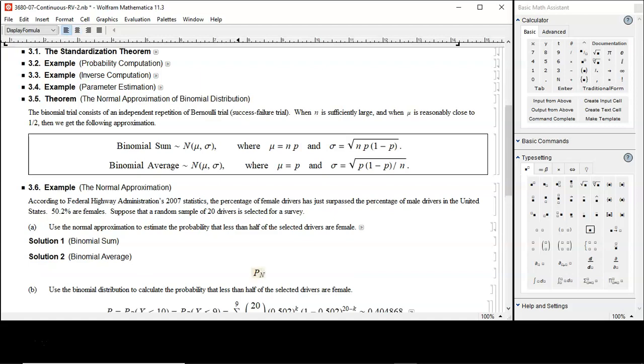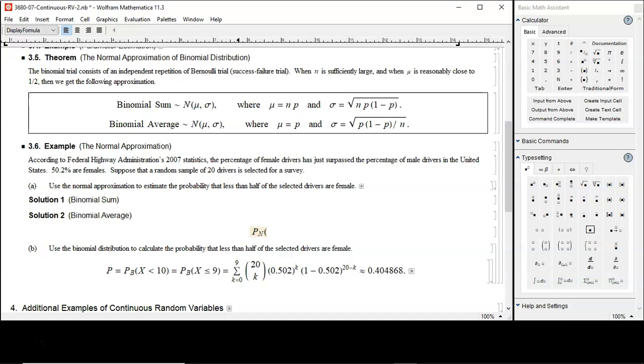So let's do normal distribution, and x is less than half.